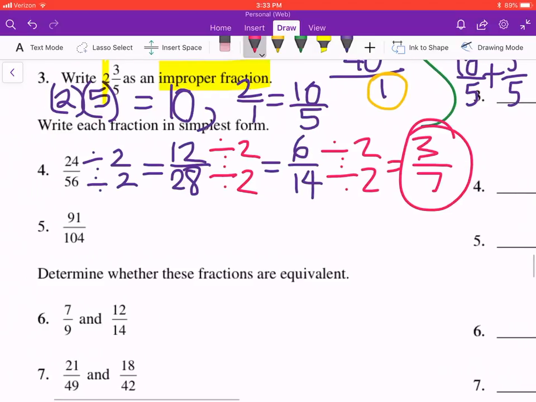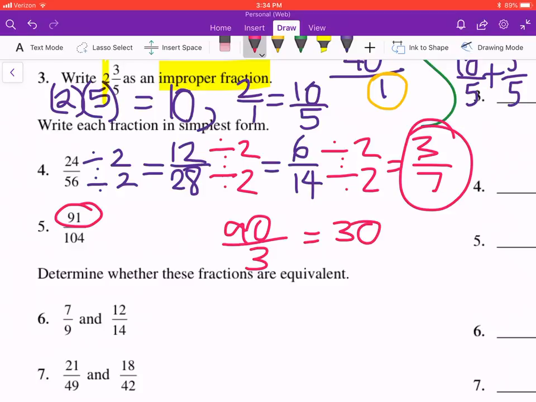Now for problem number 5, one thing we can do is try to see if they are divisible by a prime number. So for example here, 91 is not divisible by 2 because it's an odd number. Then 91 is not divisible by 3 because 90 is divisible by 3, and that will give us 30, so 91 is not.